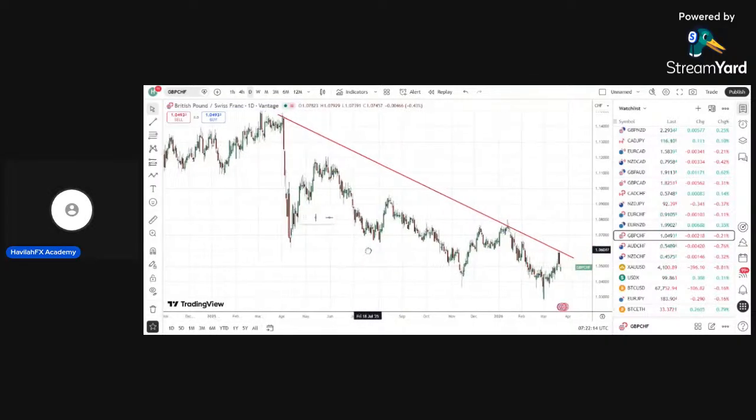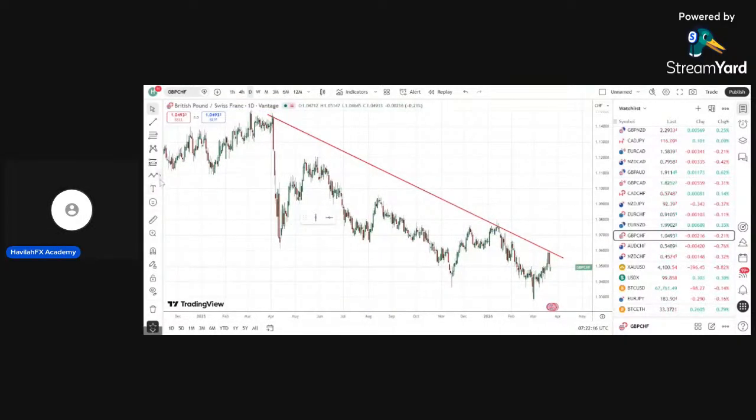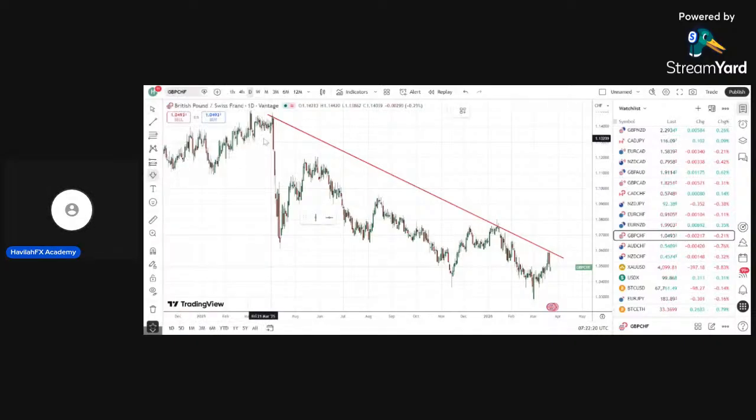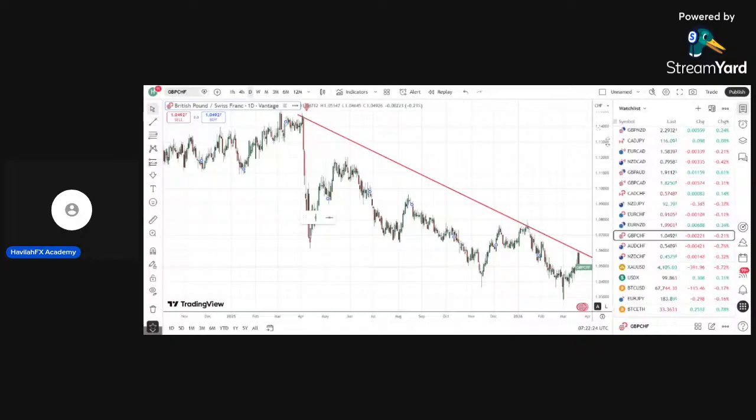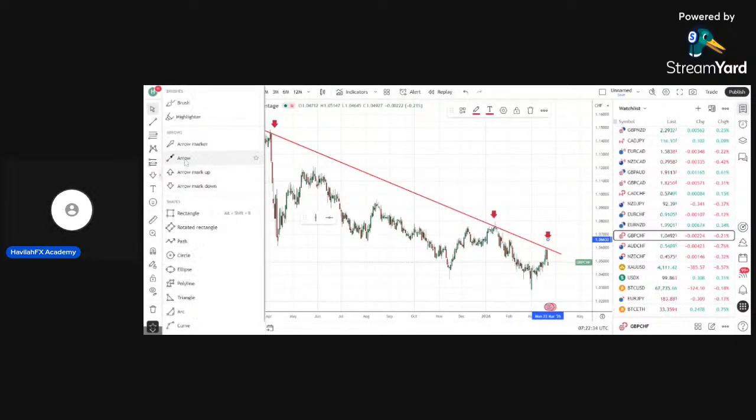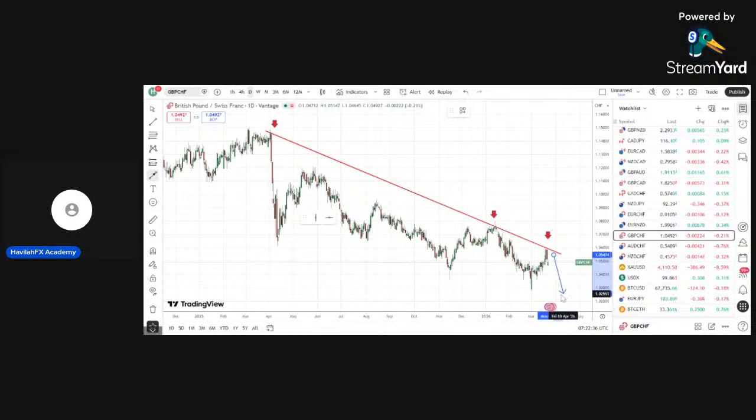The overall trend on the GBPCHF is bearish, just like we found on the USDCHF. You can see we have our lower high, another lower high, a third one. So technically, we're looking for a bearish movement also on the GBPCHF this week.